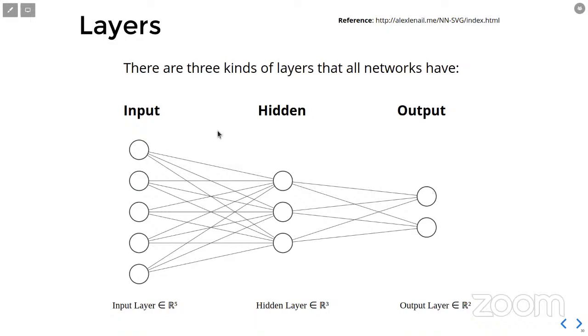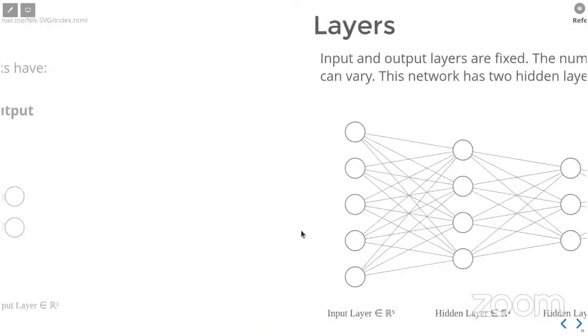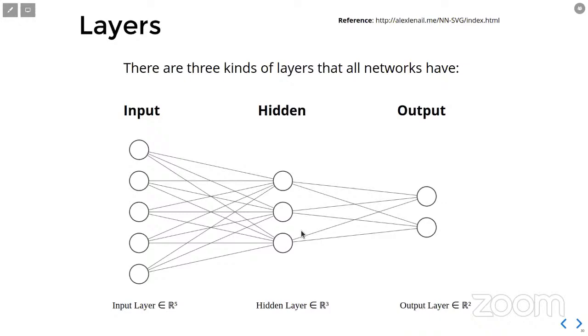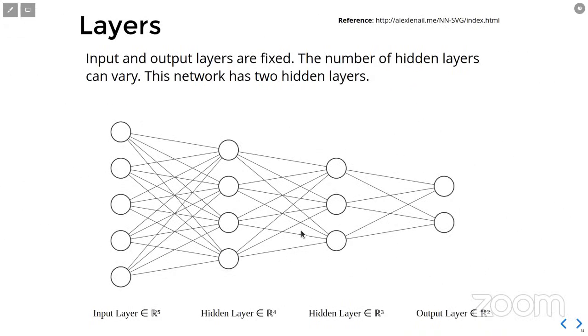If you're solving a classification problem, let's say with 3 classes with the same input space, your output will have 3 neurons. So that is the idea of arranging neurons in layers. This network has one hidden layer. This has two hidden layers.